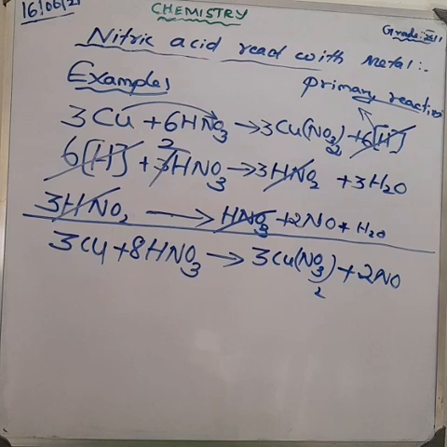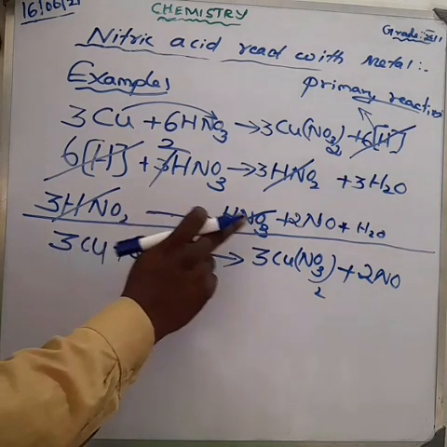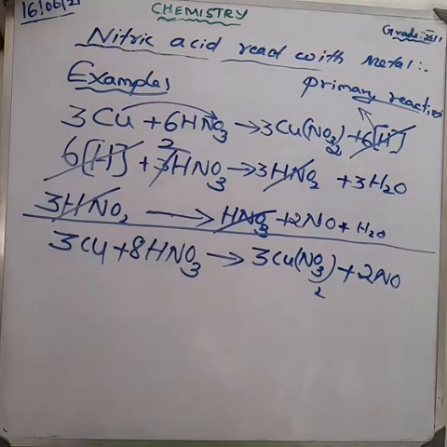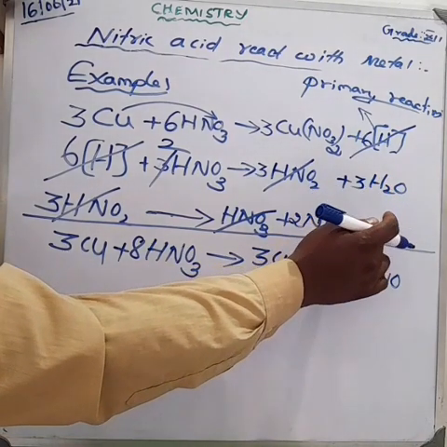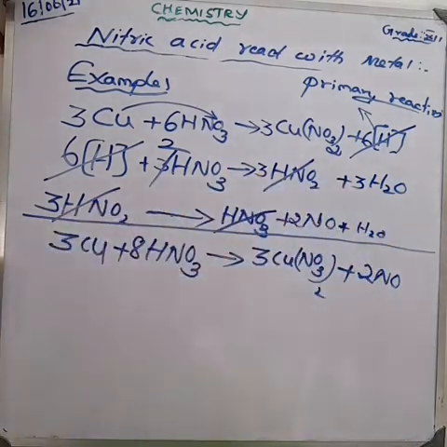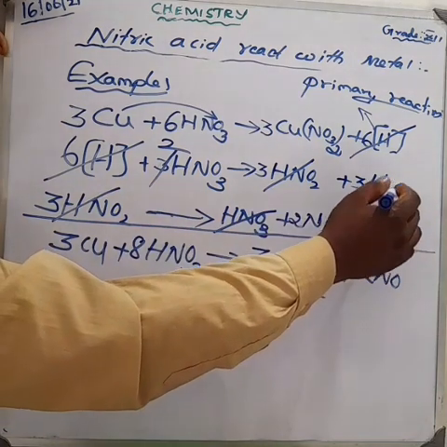This is not balanced because here we have 2 nitrogen, so make it 2 here. So you have to write 2 NO. And the water is also not balanced, am I right? H2O, how much hydrogen is there? 2 hydrogen, H2, 3, okay, water is balanced. So 3 plus 1, 4 water molecules.